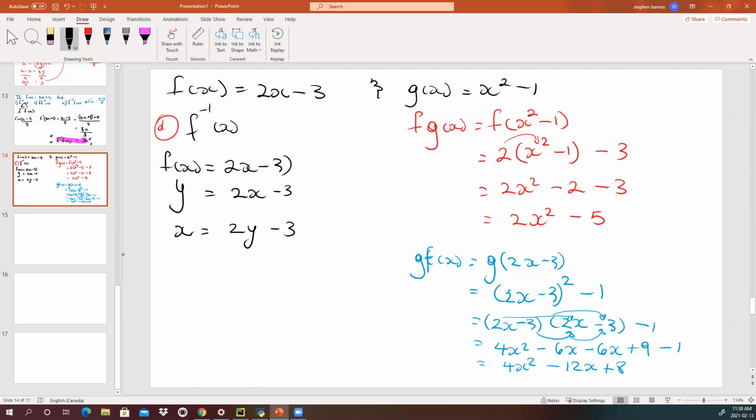And then solve for y. x plus 3 over 2 is equal to y. So F inverse is equal to x plus 3 over 2.